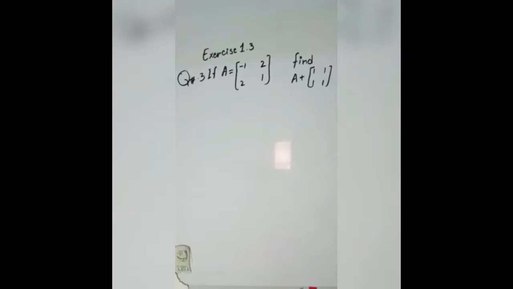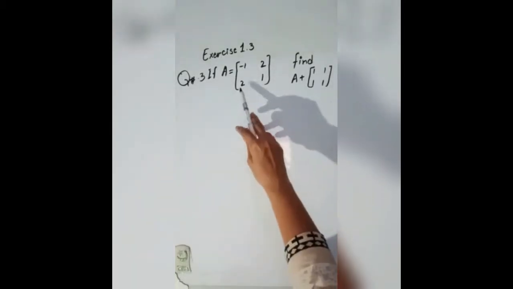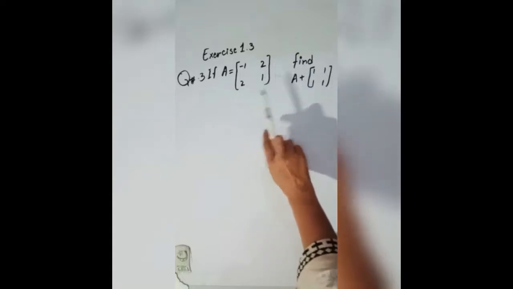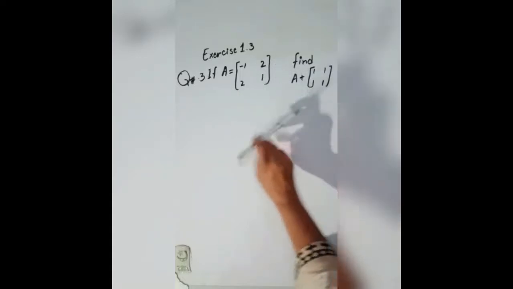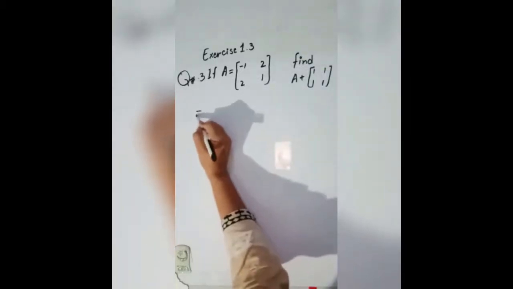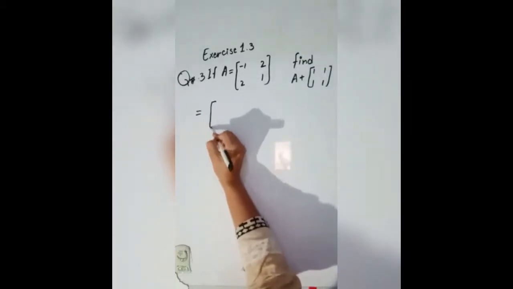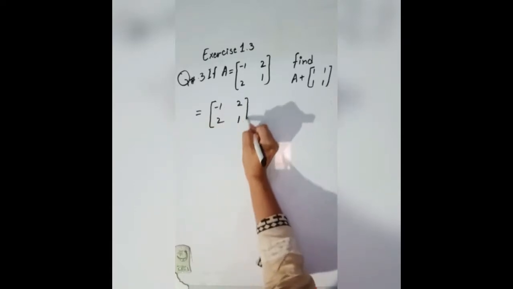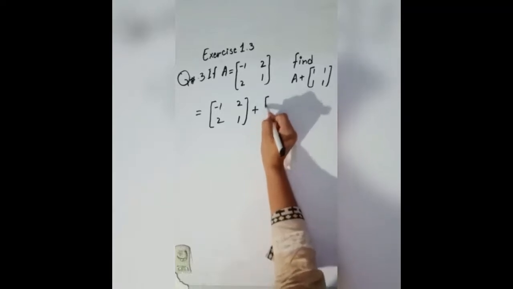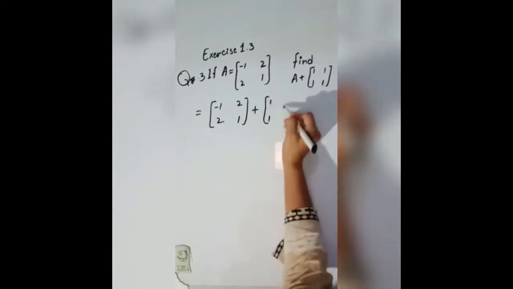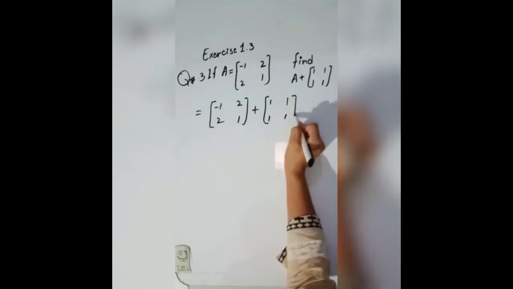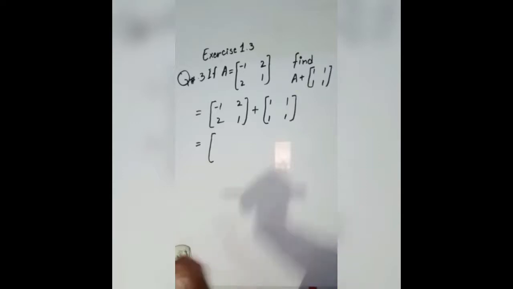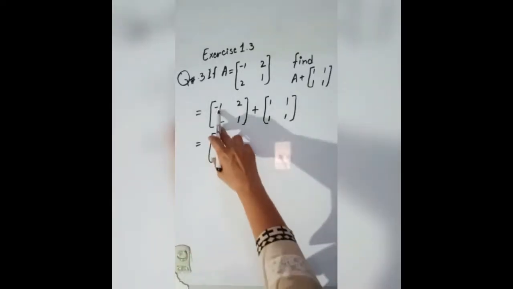Third question, we have a matrix A having entries -1 2 2 and 1. We have to find A plus this matrix. So we have to write A: -1 2 2 1 and plus 1 1 1 1. In addition of matrices, we have to add the corresponding entries.